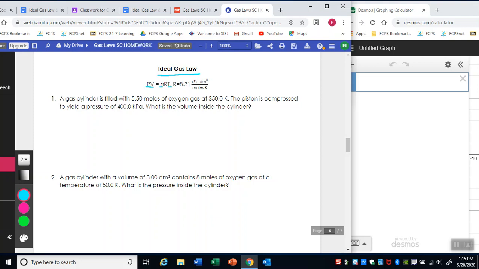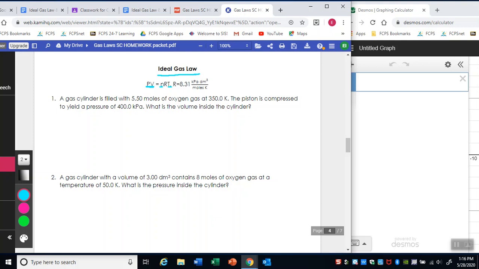You still have Boyle's law, where pressure and volume are inversely related, and then pressure and temperature, and volume and temperature, are directly related, as are volume and moles and pressure and moles. And this has all these things together in one gas law.